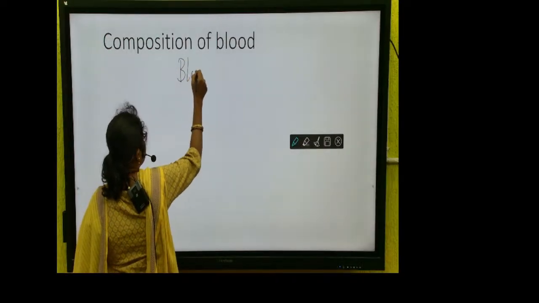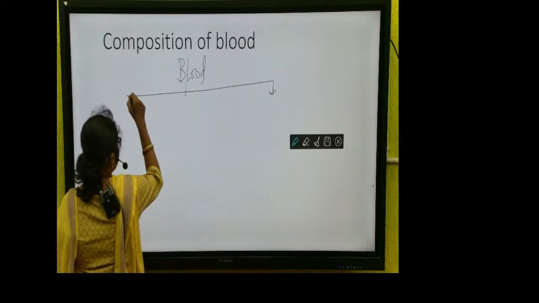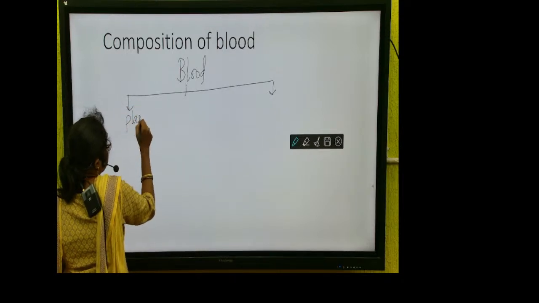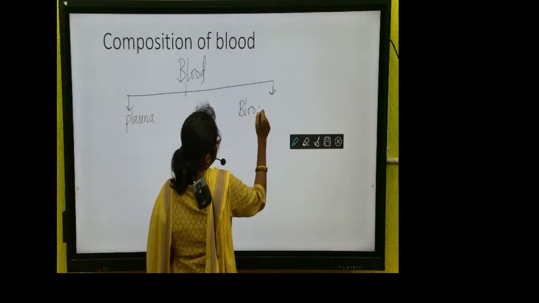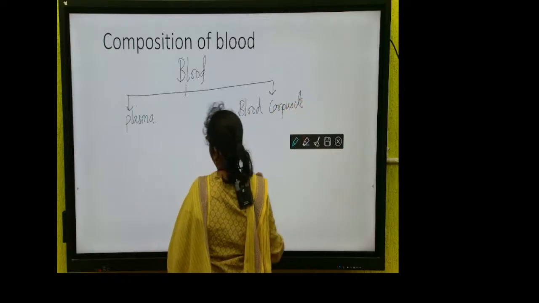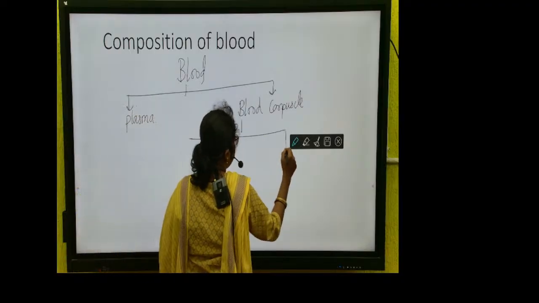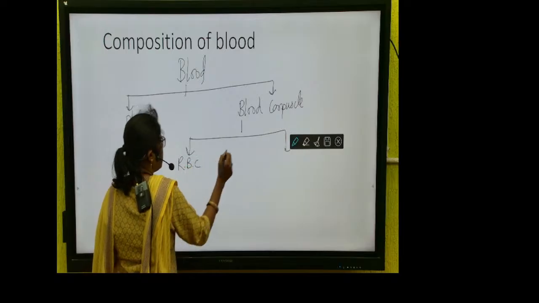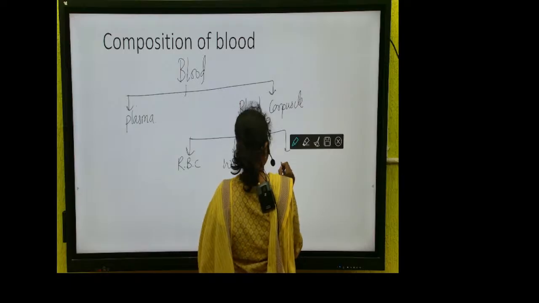Okay, so the blood is composed of 2 things. One is plasma and second is blood corpuscles. These blood corpuscles are of 3 types. One is RBC, second is WBC, and third is platelet.